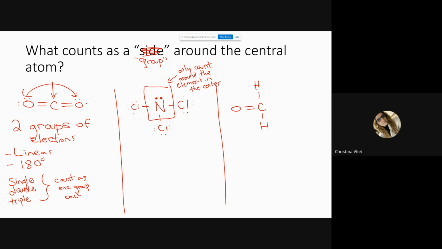So how many groups of electrons does that nitrogen have, all together? 1, 2, 3, and then the unshared pair counts as a 4. So there's 4 groups in total.